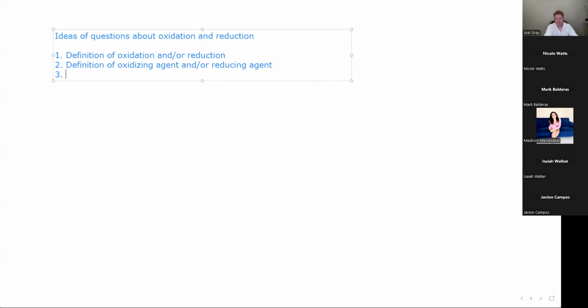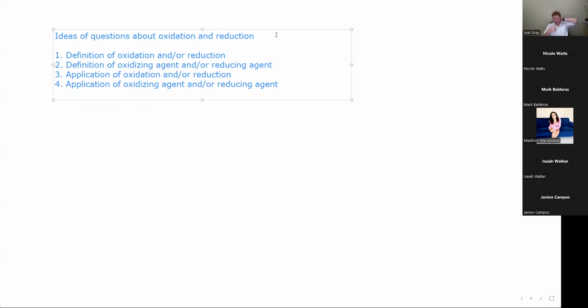What I would recommend is remembering that the species that gets oxidized is the reducing agent, and vice versa. Next is application of oxidation, reduction. Application of oxidizing agent, reducing agent.